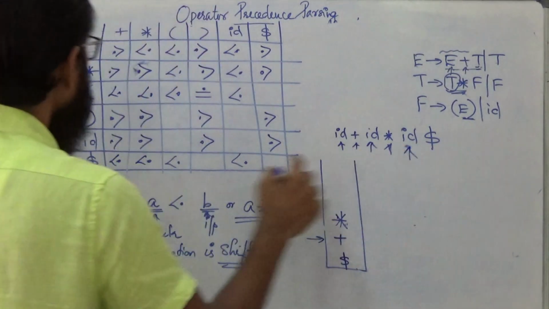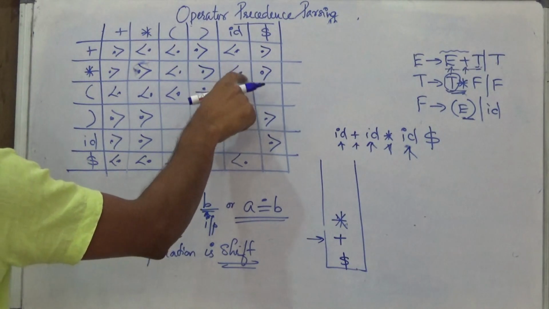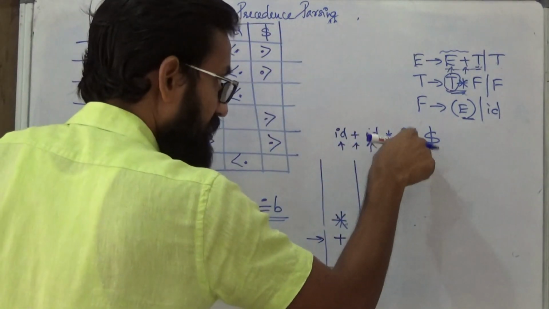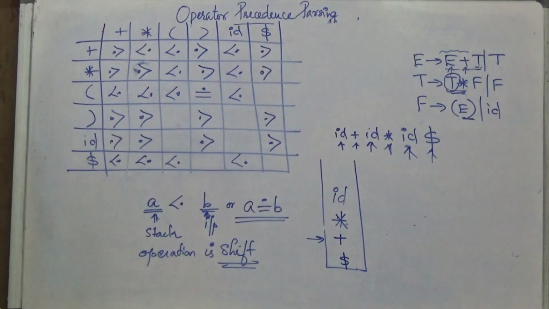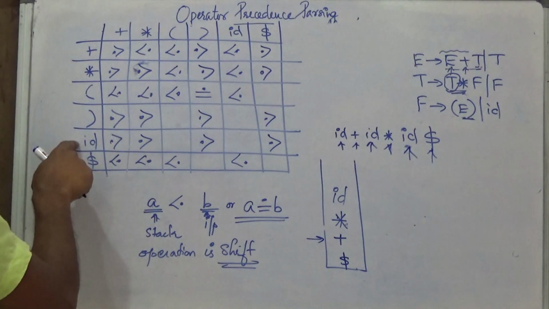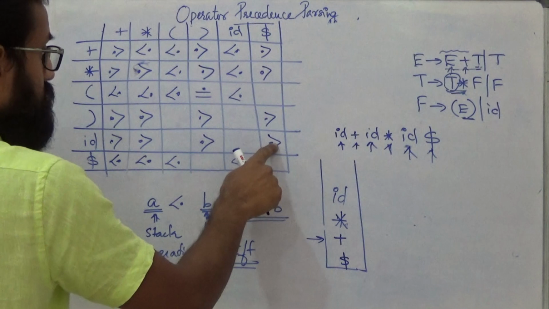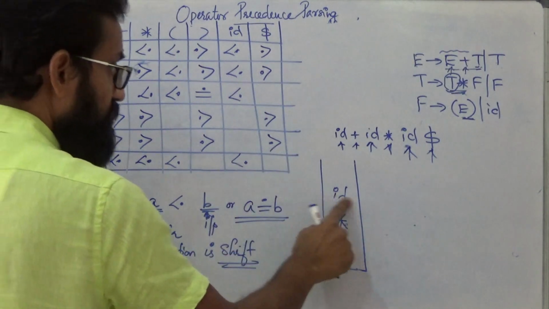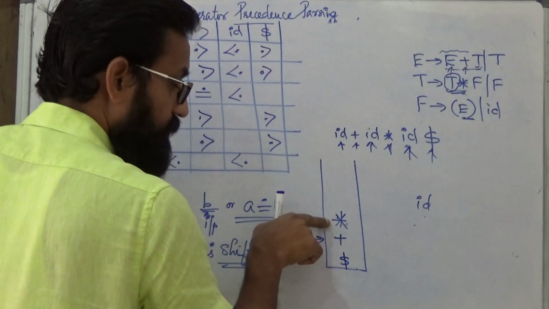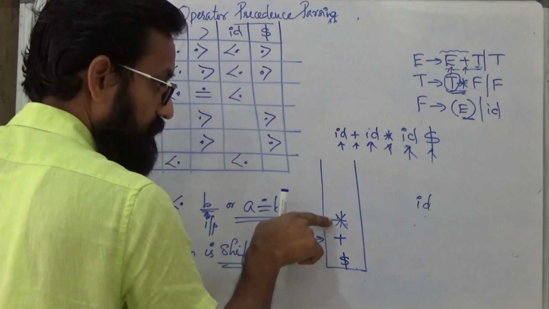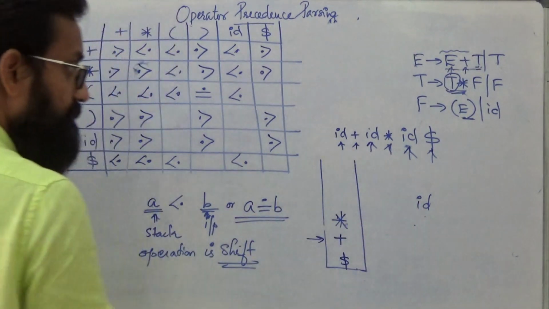Next one is star ID. The input has higher precedence, so perform a shift operation. Next one is ID dollar. The content in the stack has higher precedence, so perform a pop operation. The popped element is ID. Now check the precedence relation between the stack top and the recently popped item.